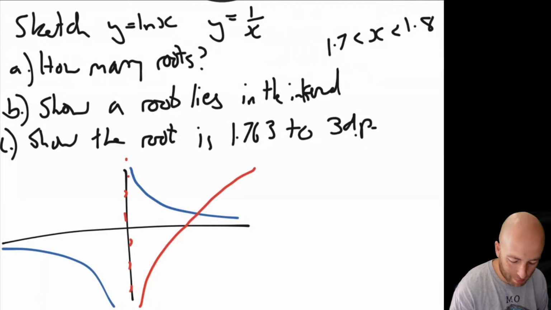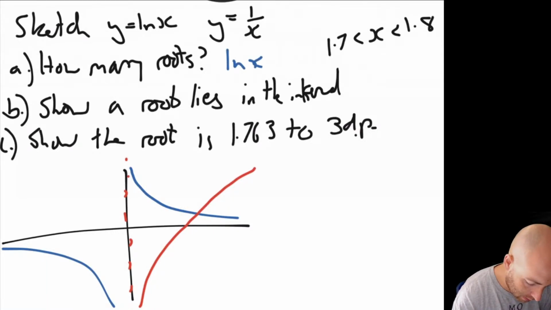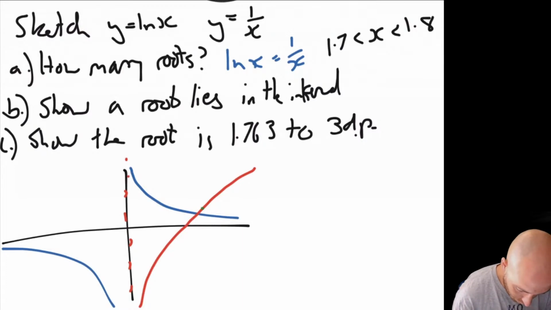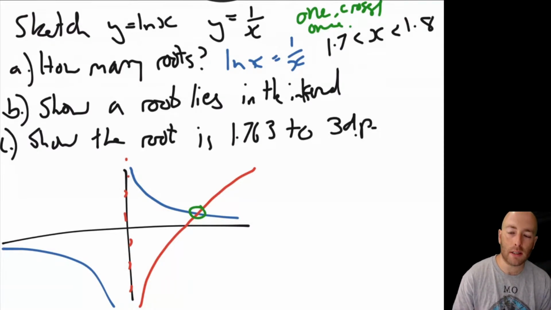How many roots to the equation ln x equals 1 over x? And you can see on the graph there is 1 root because it crosses once. So 1 root. It crosses once.